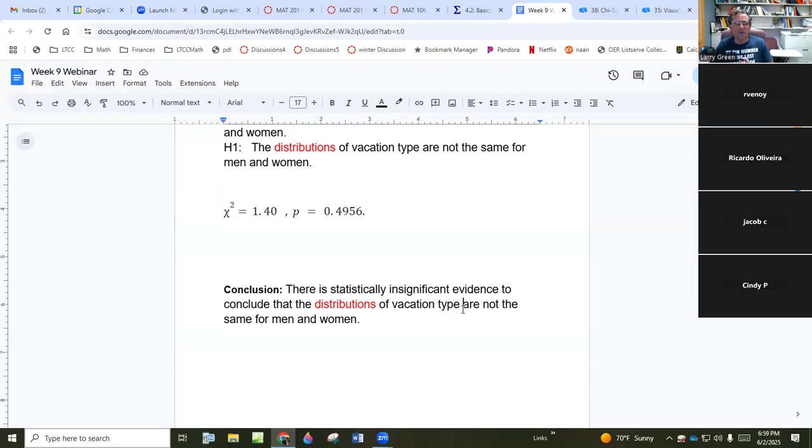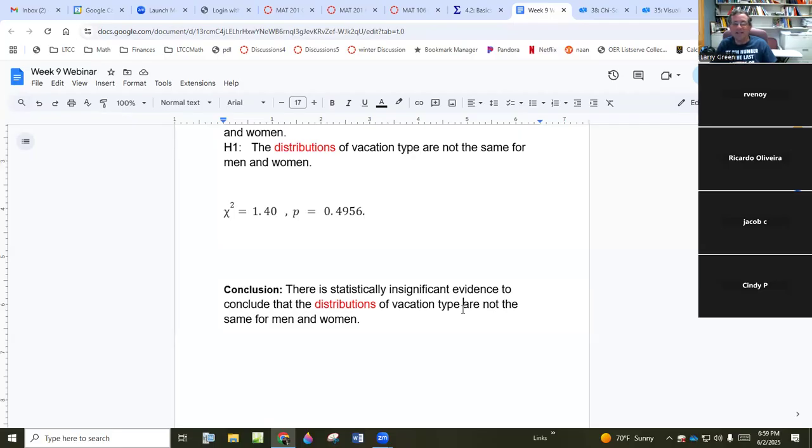So let me go through again. If you have a known distribution and then you do a qualitative survey question to see if that is the same as your known distribution, that's goodness of fit. If you have two survey questions and you want to find out if they're independent or dependent, that's a test for independence.